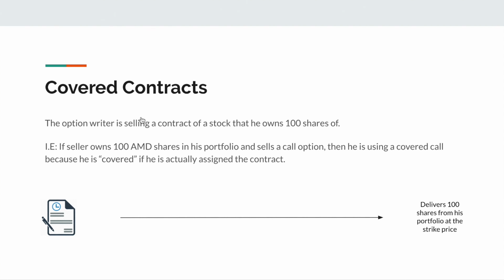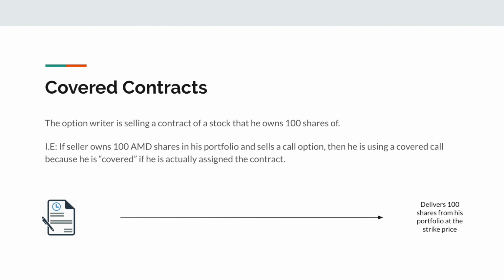So if you're a seller and you already own 100 shares of AMD, and then you get assigned a contract, then you can already deliver your 100 pre-owned shares to the buyer, no problem. So you're covered. This is pretty much insured contracts. You're covered to fulfill in case you get assigned.